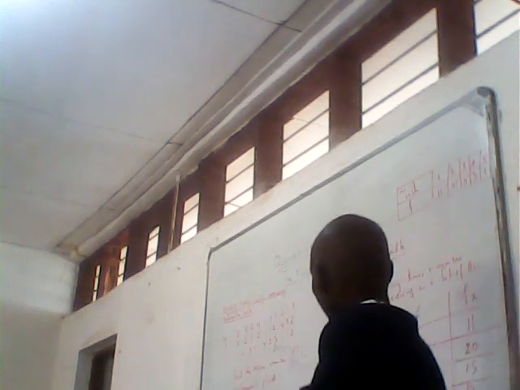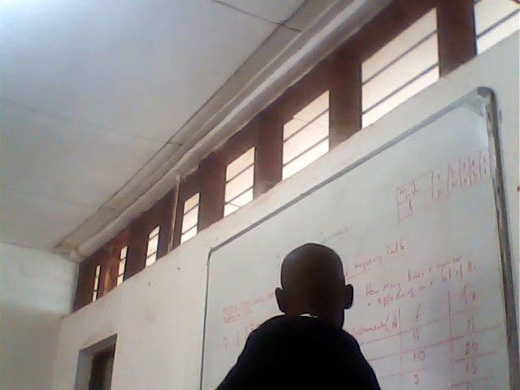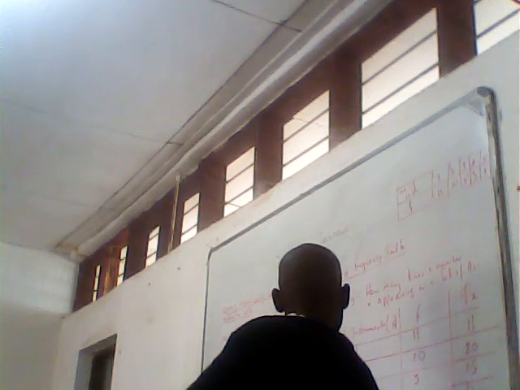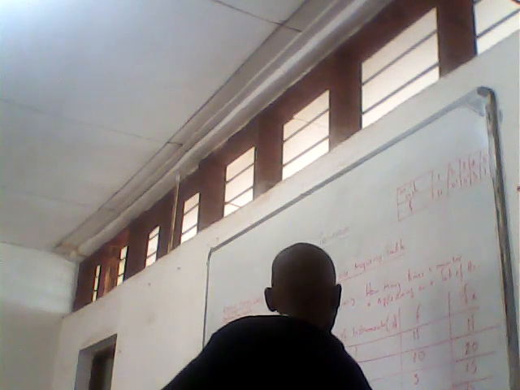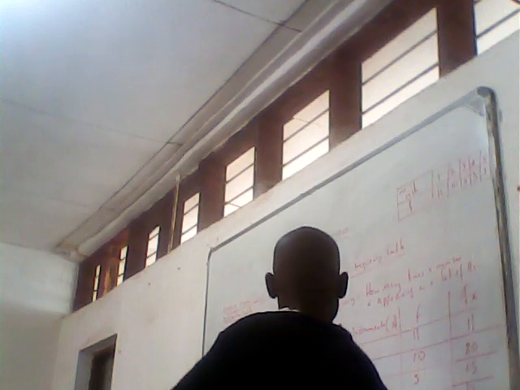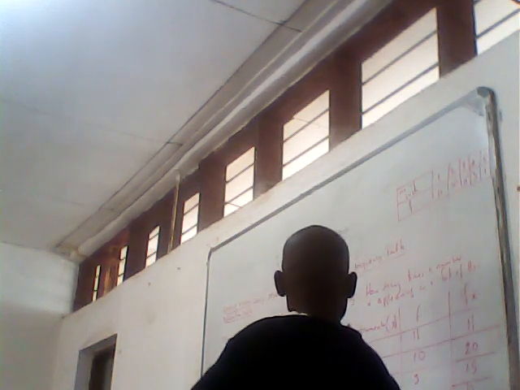To find the mean, given a distribution like this one, the formula is the sum of fx divided by the sum of f. That's how you find the mean if you are given a frequency distribution table.